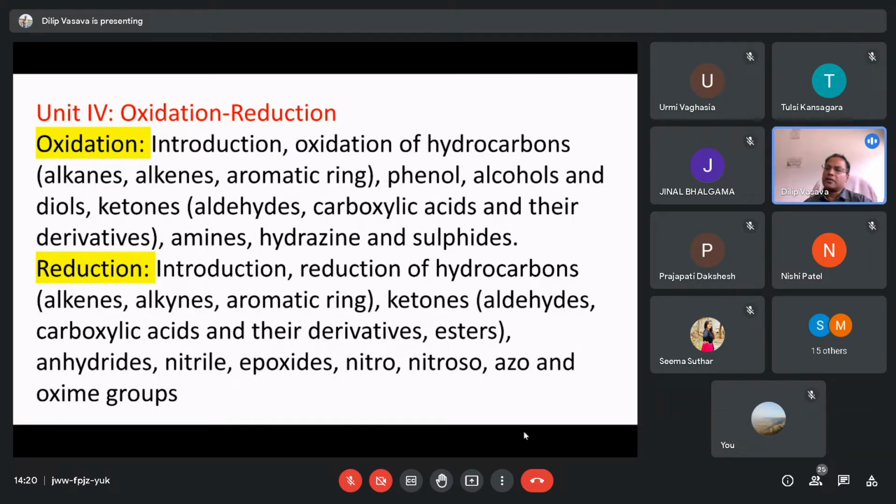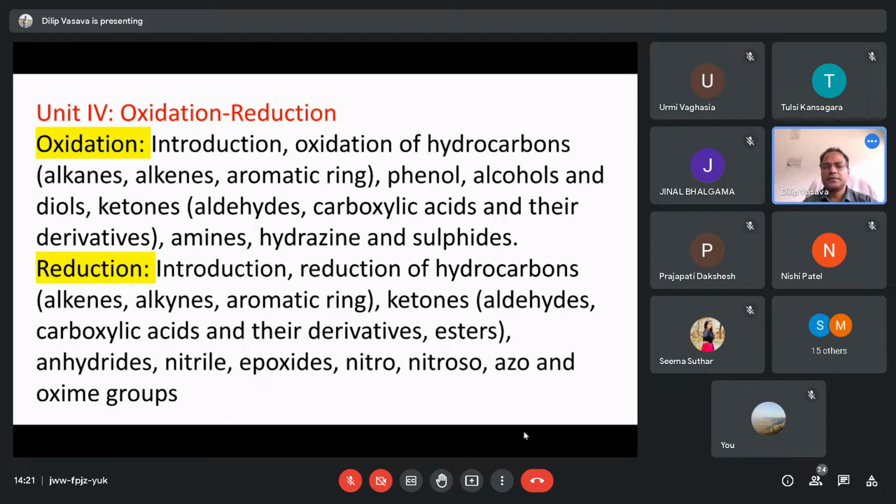The fourth one is the addition of oxygen. These four major definitions we will discuss in the oxidation.